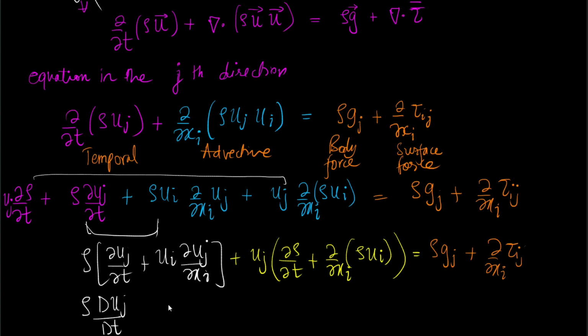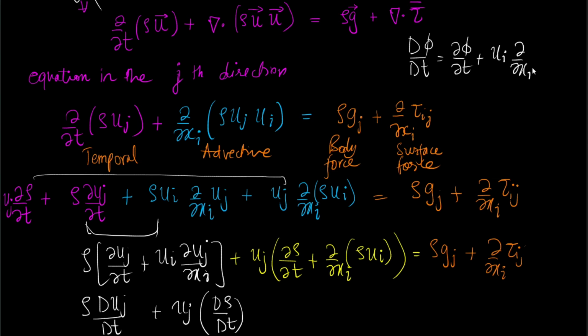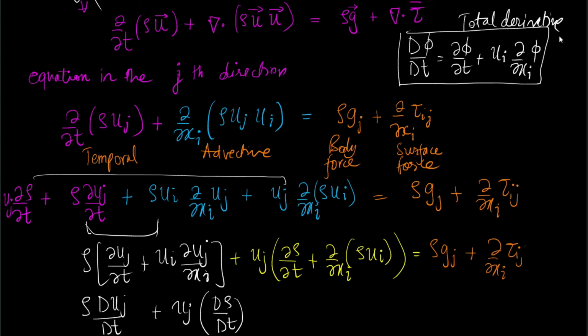Now this particular term is uj multiplied by the total derivative of the density. We recall that the total derivative of any variable is del phi del t plus ui del xi of phi. So using this definition, you can simplify these two terms as this.